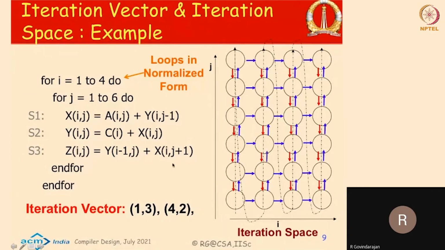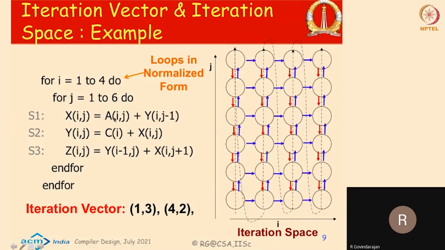So that is basically this blue arrow. Similarly, there is a 0, 1 dependence here. You can see that y[i][j], which is being produced, is being used by statement S1 in the iteration i, j plus 1, and that dependence is essentially this blue arrow.